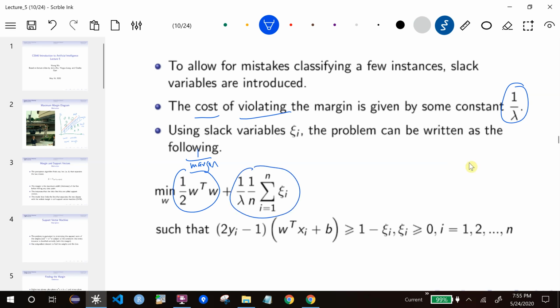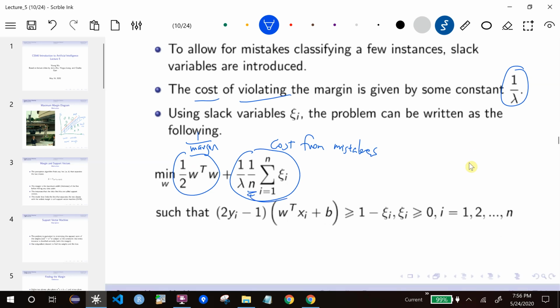And also there is an additional cost from mistakes, which is the average mistake, or the average incorrect distance from the line. We have the same constraint, but we add the mistake into the constraint, so we are actually allowing those mistakes to happen. If we don't have this, then it's the same problem as before. There will be no solution.